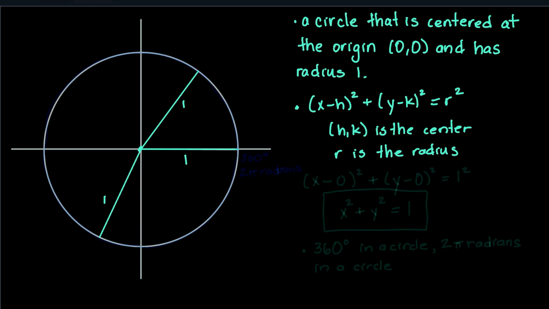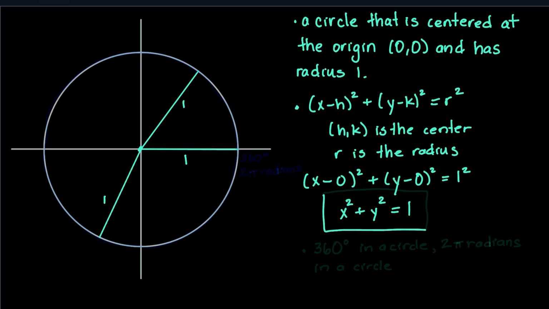So for the unit circle, that means we have (x minus 0) squared plus (y minus 0) squared is equal to 1 squared. This simplifies to x squared plus y squared is equal to 1. So the equation for the unit circle is x squared plus y squared is equal to 1.